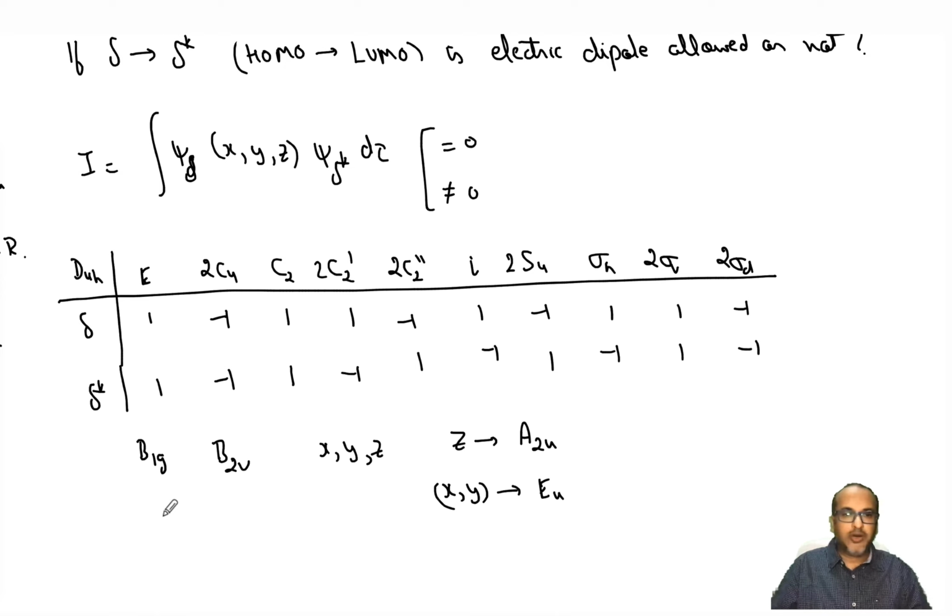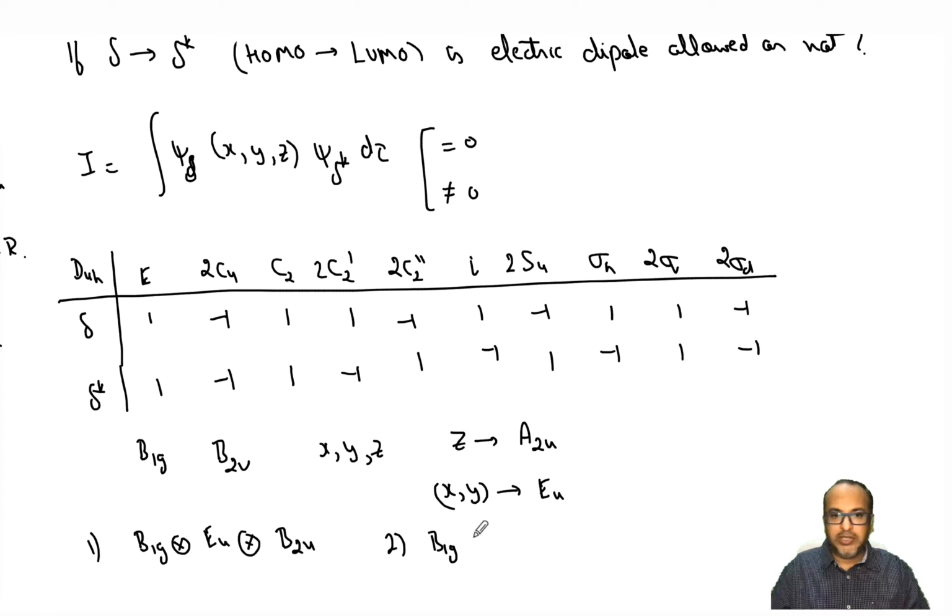Now the problem is simplified to finding the direct product between B1g, Eu and B2u, that is for X and Y, and for Z you have to do B1g, A2u and B2u.